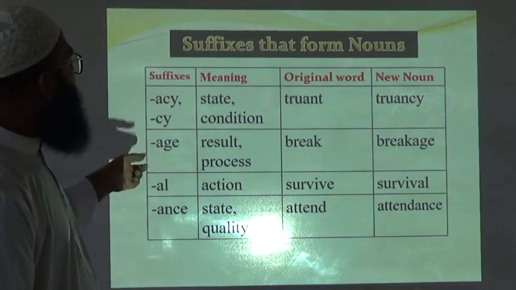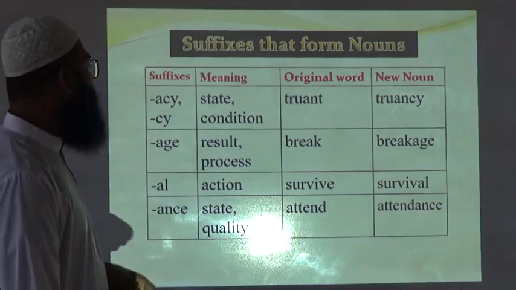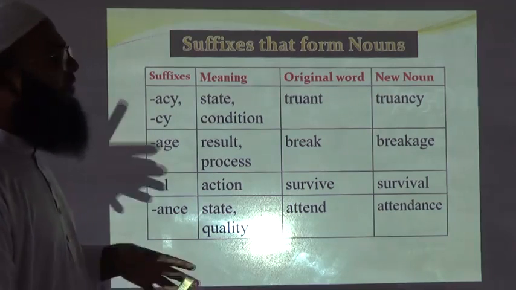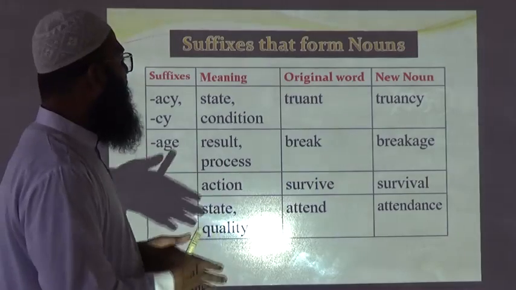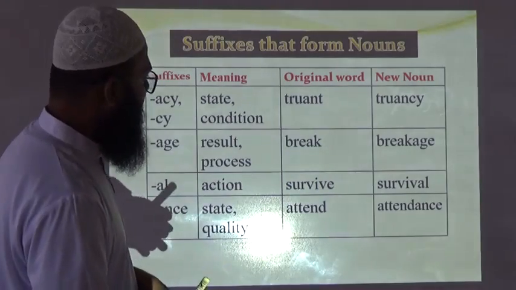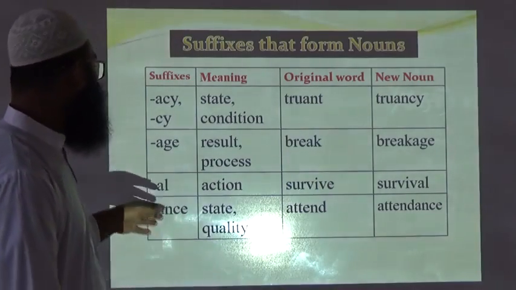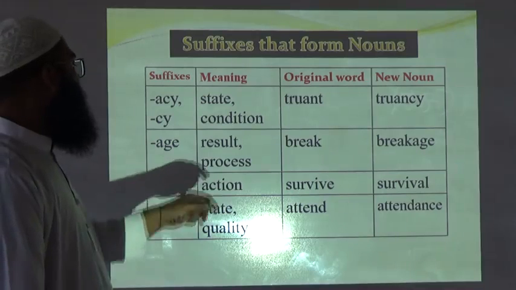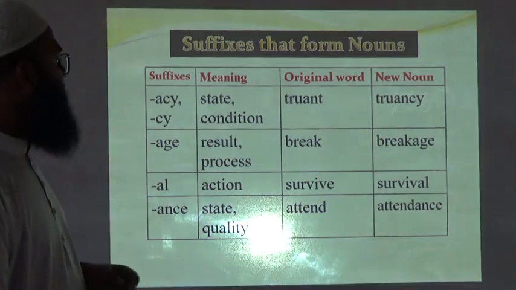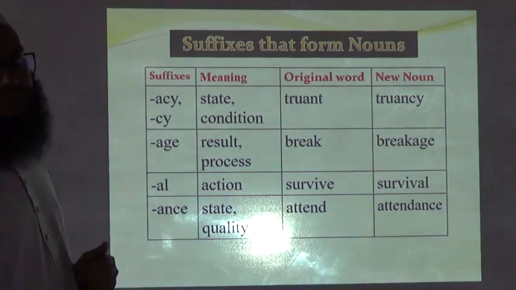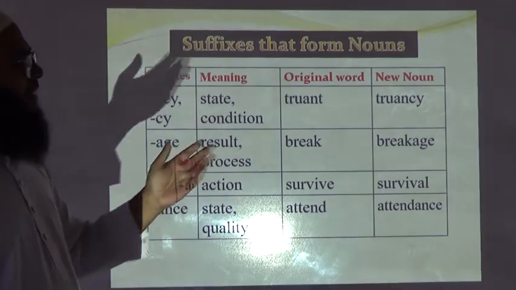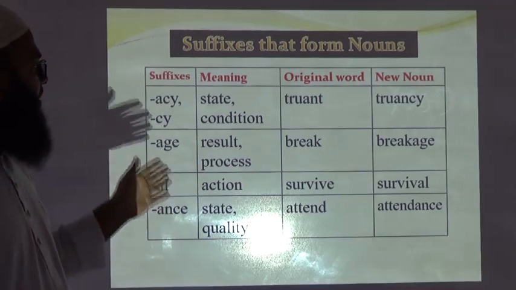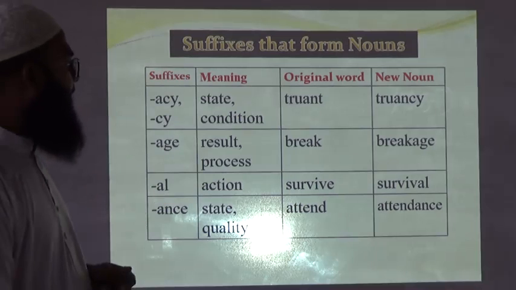AGE, its meaning is result, process. Break, breakage, the result of break. AL, it means action. Survive means to remain alive. Survival, the name of surviving, the noun of survive is survival.